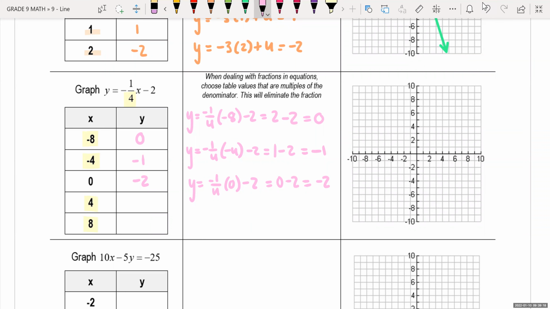Yeah, so let's confirm that by doing the work. -1/4 times 4 minus 2. -1/4 times 4. Go to the side, try it out. It would just give you -4/4, which is just -1 minus 2, which is -3. And then the next one should give us a -4.